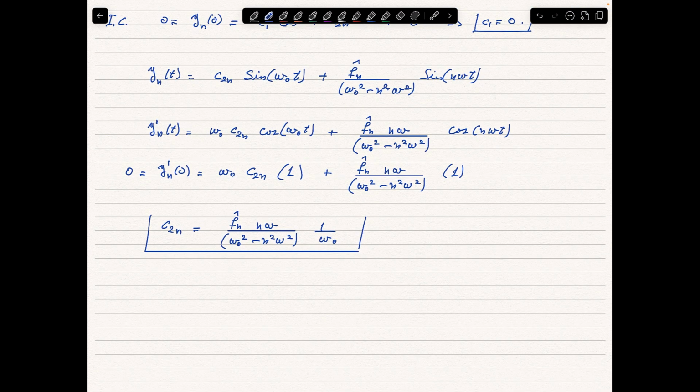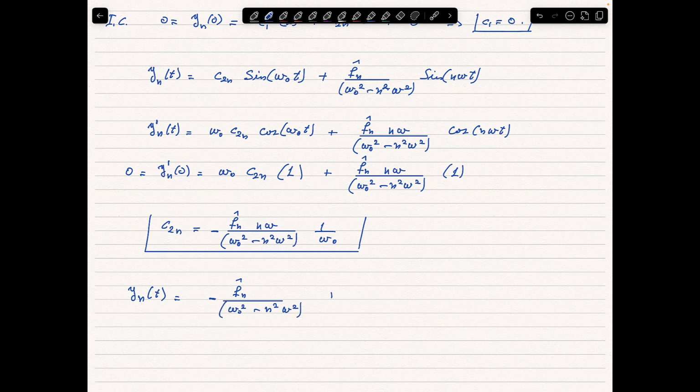Our solution yn for each term is going to have the coefficient C2, which is that coefficient there, which I'm going to write with a negative sign. Forgot the negative sign. We need to move this thing to the other side. So negative there. All right. So we have a negative fn hat over omega 0 squared.